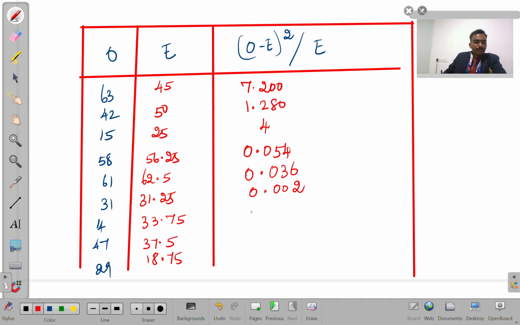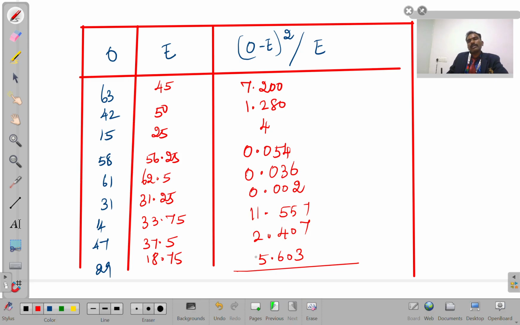This will be 11.557. Then 47 minus 37.5 is 9.5, the whole square divided by E. The answer is 2.407. For the last one, 29 minus 18.75 whole square divided by 18.75. The answer is 5.603.